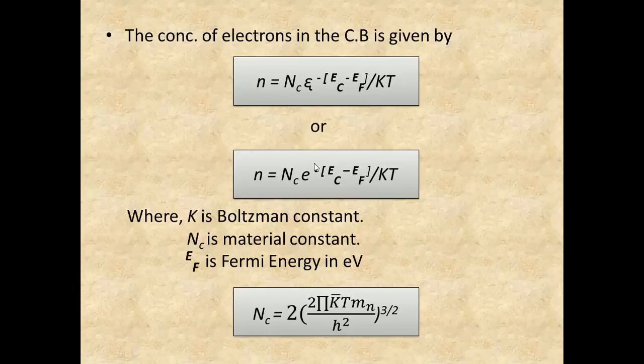In the above formula, k represents the Boltzmann constant, N_C is a material constant, and E_F is your Fermi energy in electron volt. And again, N_C is represented with this formula. You have to remember the formula.